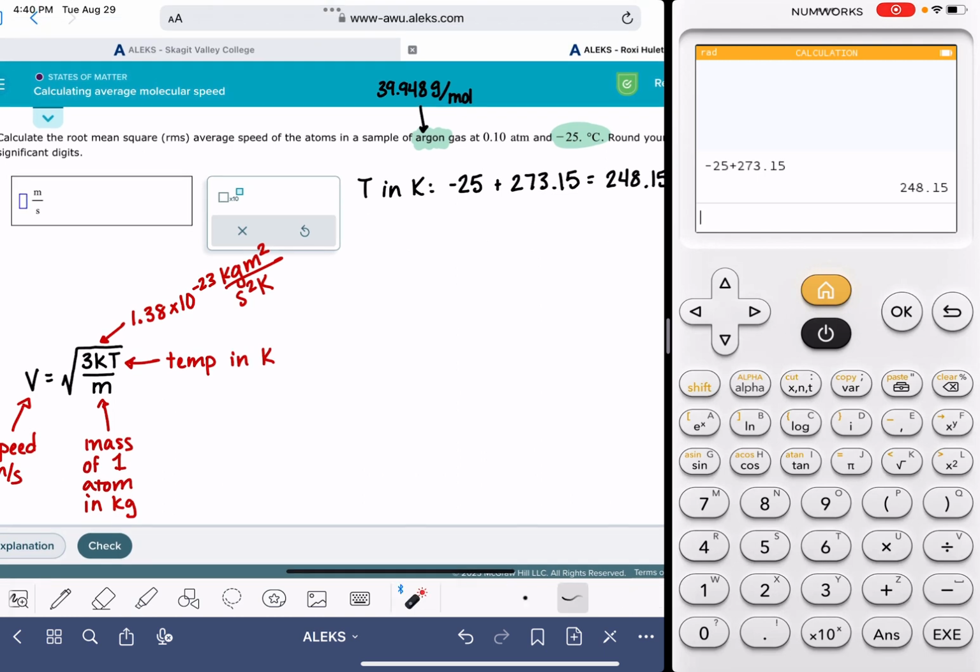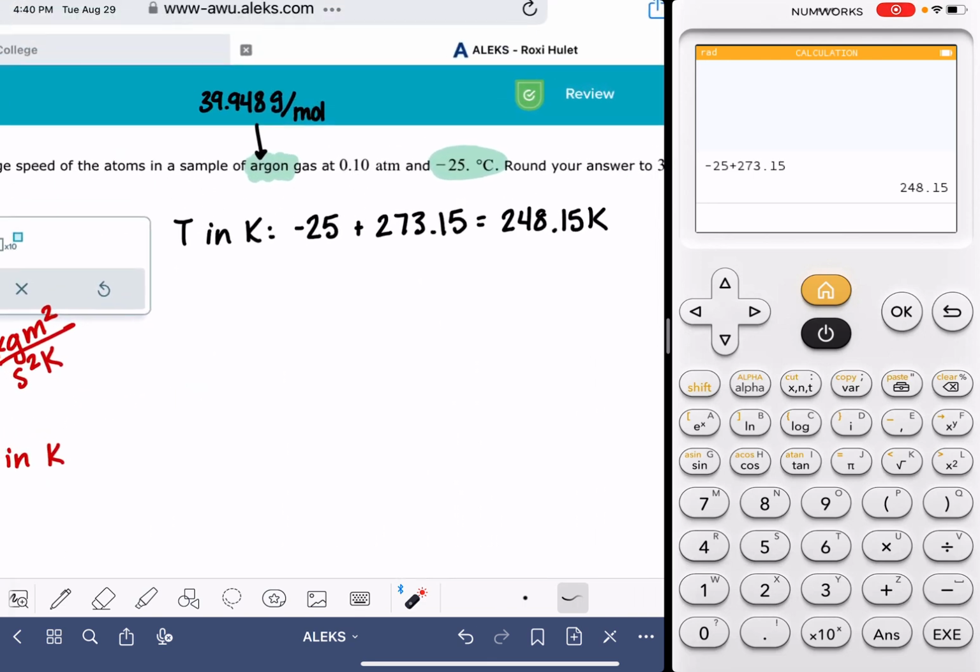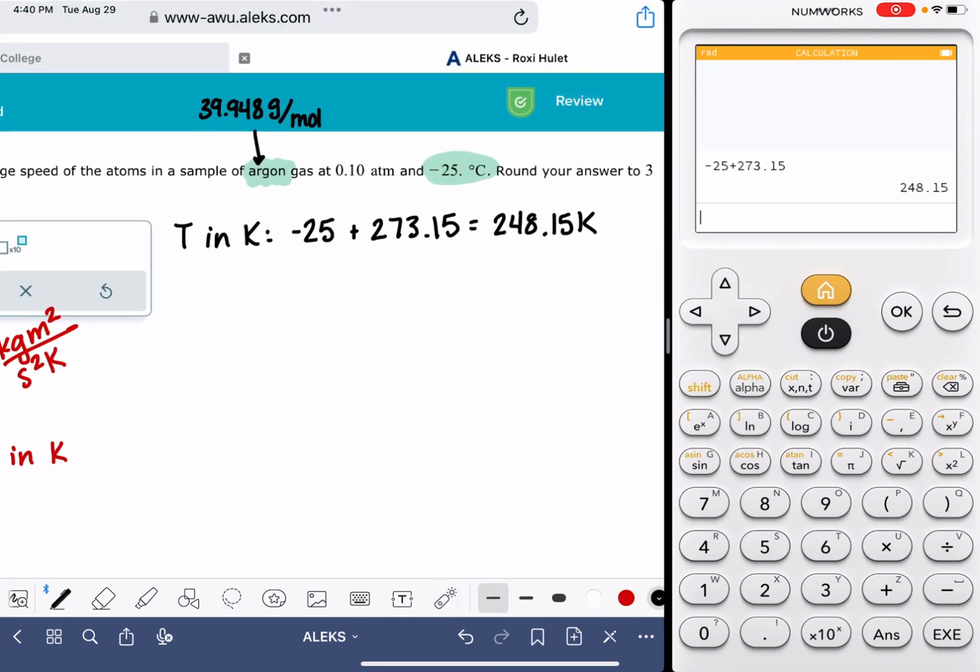And then the other thing we need to calculate is the mass of a single atom. We're not using the mass of a mole of atoms, we're using the mass of a single atom. We do need to do a little bit of conversion there. What we have for argon is 39.948 grams per mole, and this is the number that's coming off of the periodic table. So whatever atom you have, make sure you're looking up its molar mass from the periodic table. Then we're going to multiply that by a conversion factor.